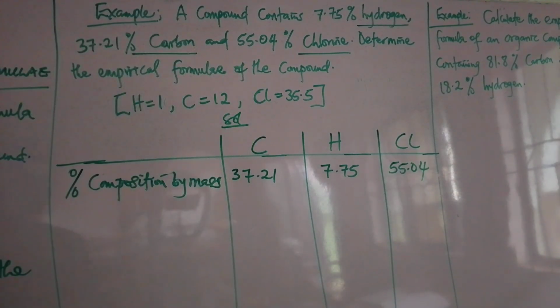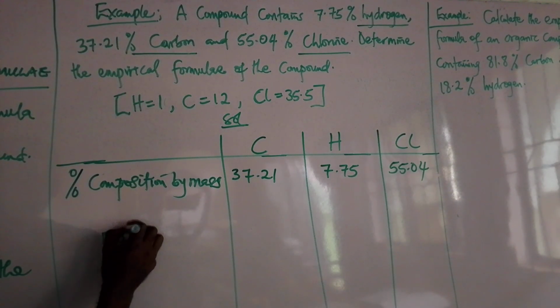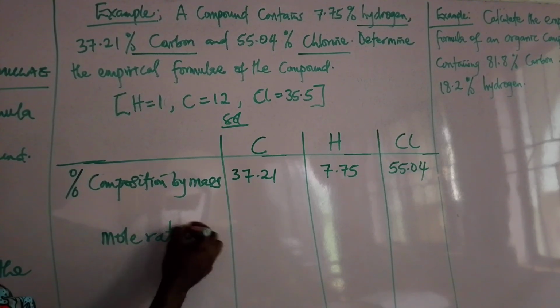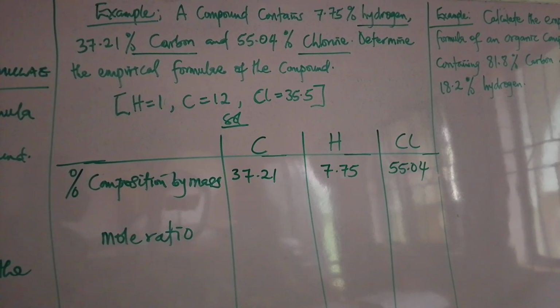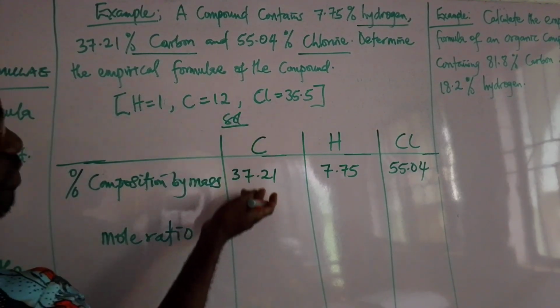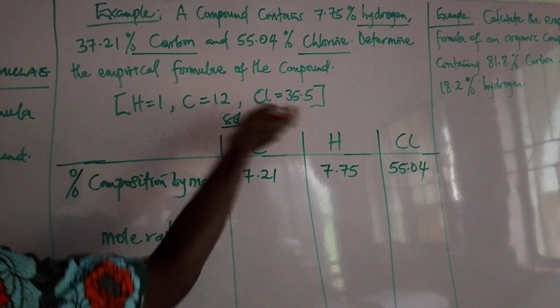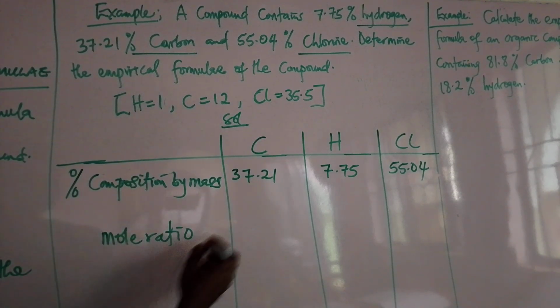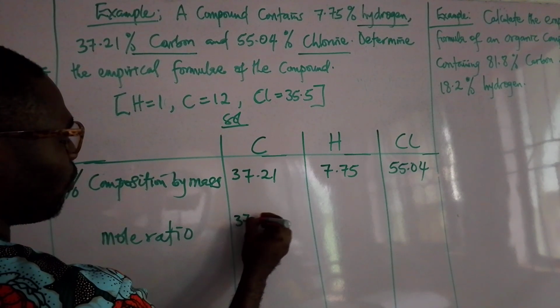The next thing is the mole ratio. How do you do the mole ratio? It's as simple as this. What is carbon here? Carbon is 12. Take the percentage divided by the relative atomic mass given to you. That is 37.21 divided by 12.